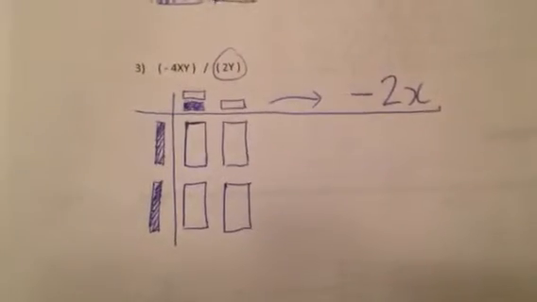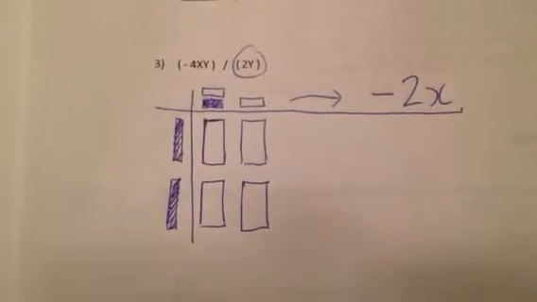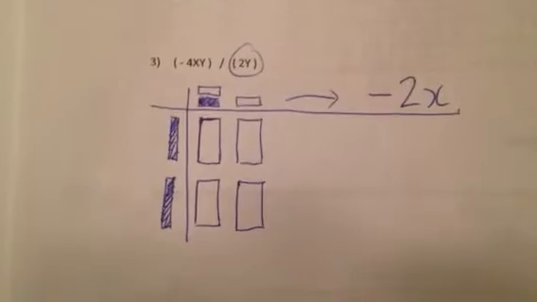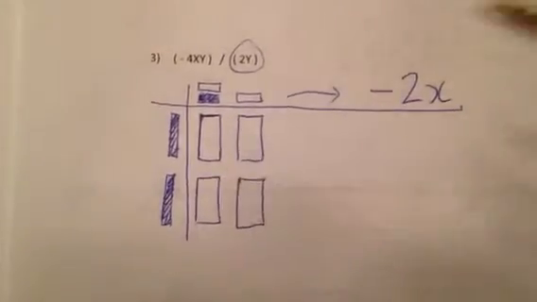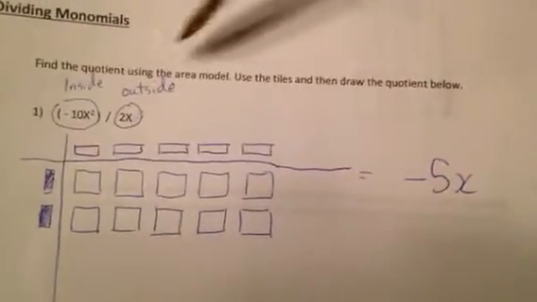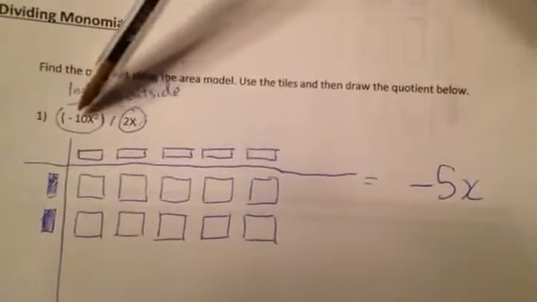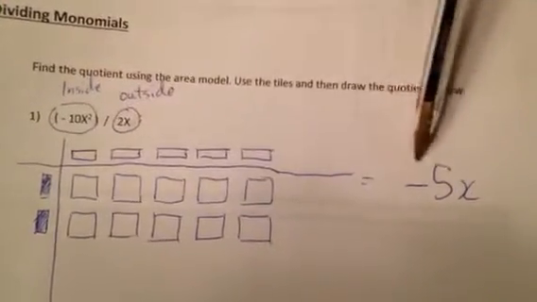Okay, so we want to try to find a rule. What is the rule that will help us find these answers quickly without drawing the pictures? So we go back to the very first one that we had. To get the answer the quick way, all we do is divide the coefficients, the numbers in front. So negative 10 divide 2, negative 5.